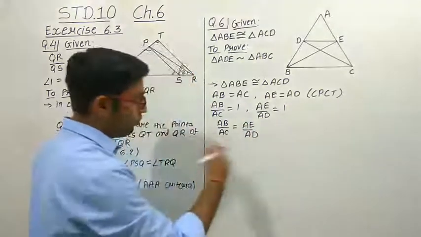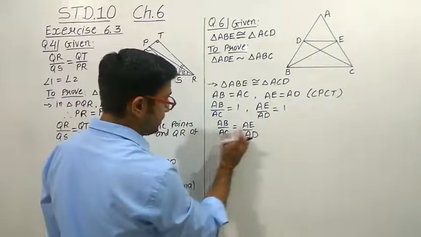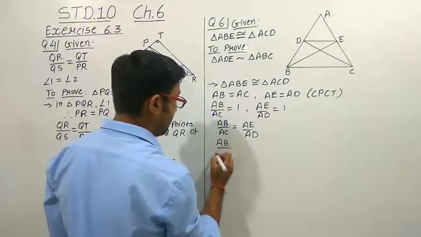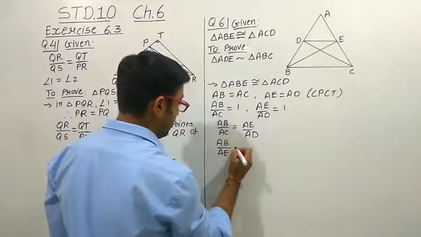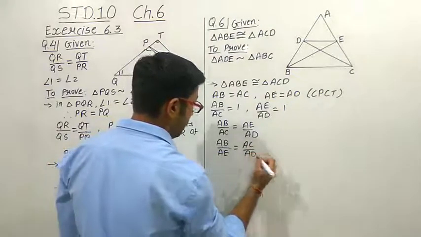Right? Now by cross multiplication, we can take this AE to here and AC to the right hand side. So we can write that AB upon AE is equal to AC upon AD.